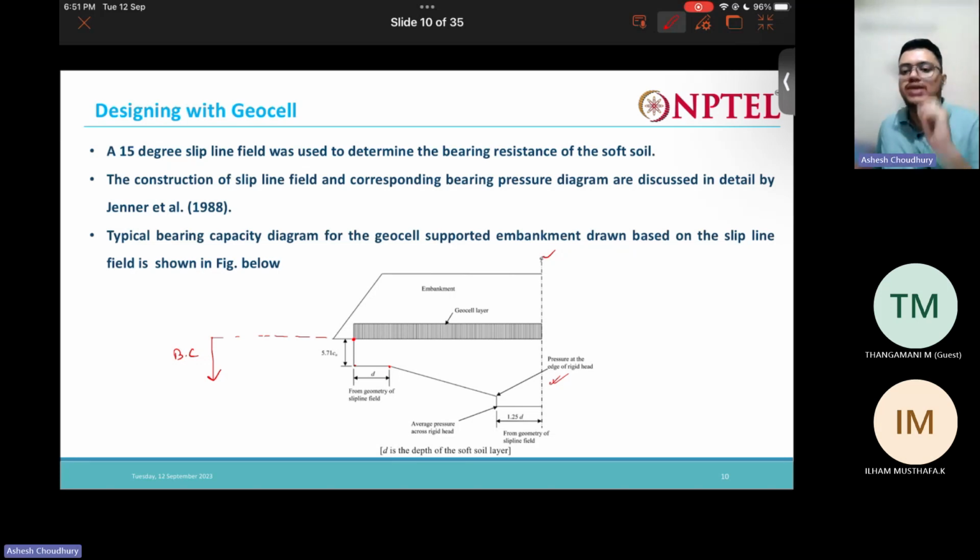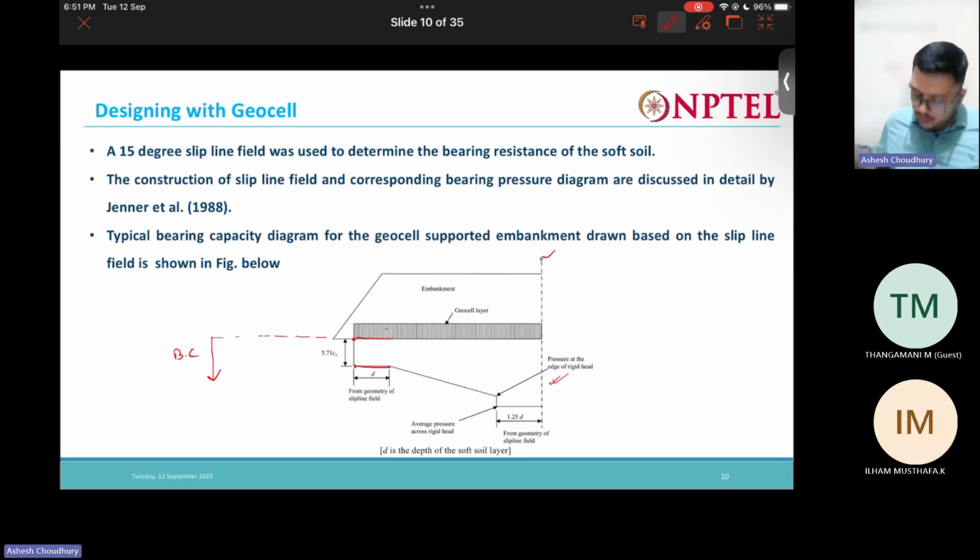From here to a distance of D, where D is the depth of the soft soil or the soft foundation layer, up to D width, we have 5.71 CU as a constant bearing capacity.